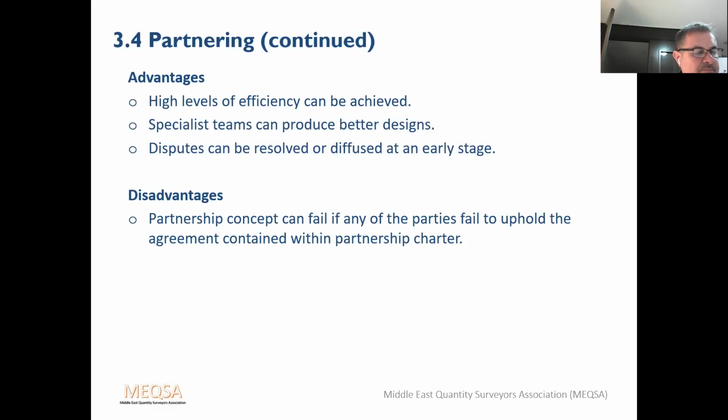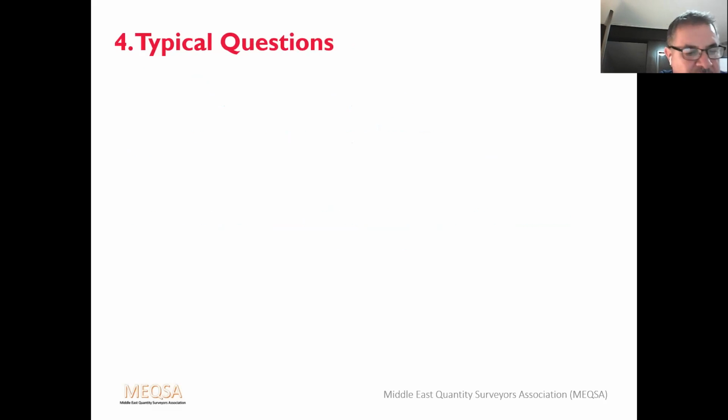Now, I've run through the main points of tendering and procurement. That is the sort of key level of information you should know. At a very minimum, I would always recommend you do some extra reading, obviously.